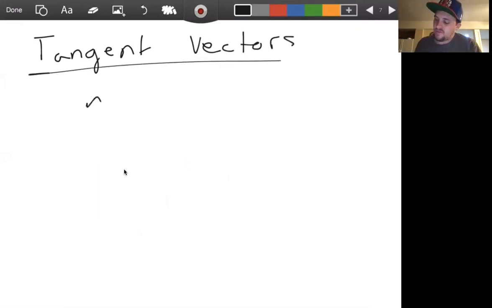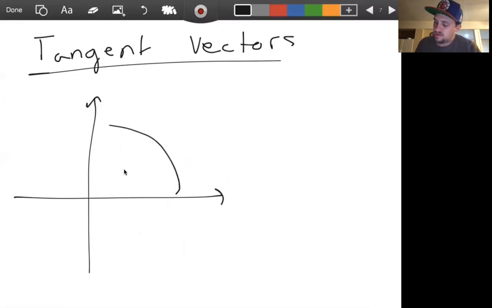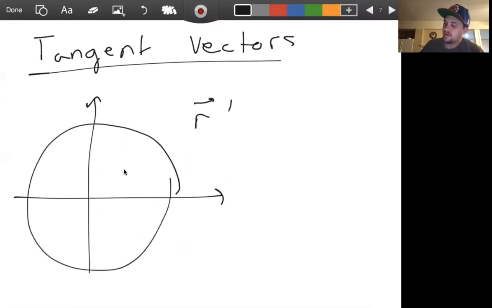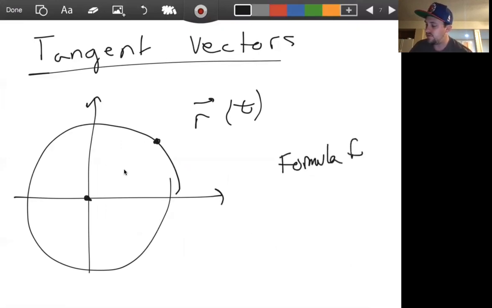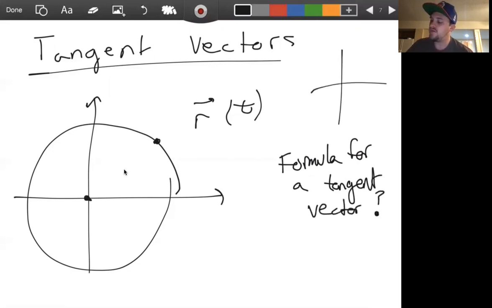Okay, so if we have some curve given by a vector valued function, r of t, let's take a given point on this curve and ask, what's a tangent vector? We want a formula for a tangent vector. Well, we know from Calc 1, if you have y equals f of x, and you look at a point, what does dy dx give you? dy dx gives you the slope of the tangent line.